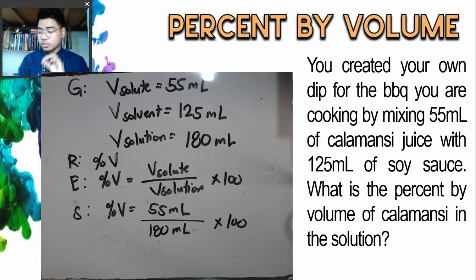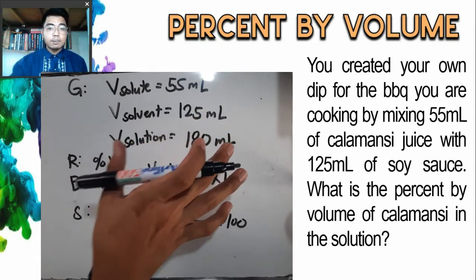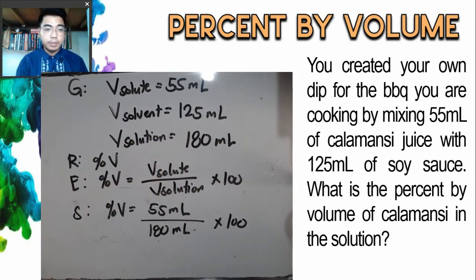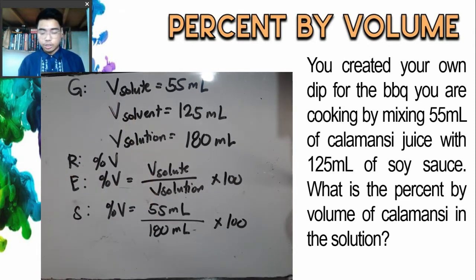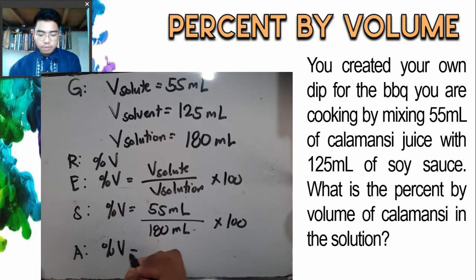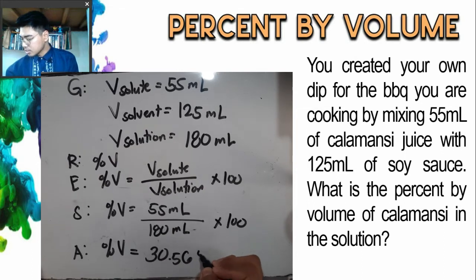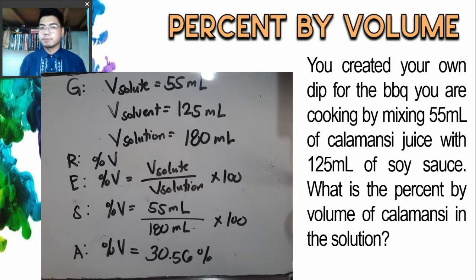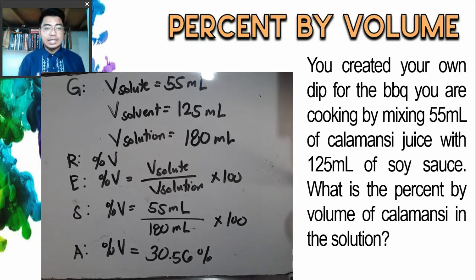Okay, so in our solution, we are not going to use the volume of the solvent since we are not looking for the volume of the solvent, but rather we need the volume of the solute and the volume of the solution. And it will now give us the answer, which is 30.56%.